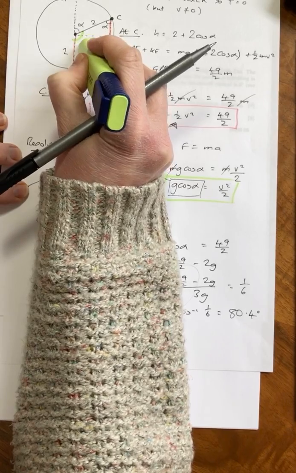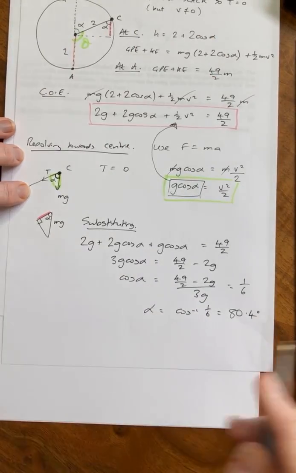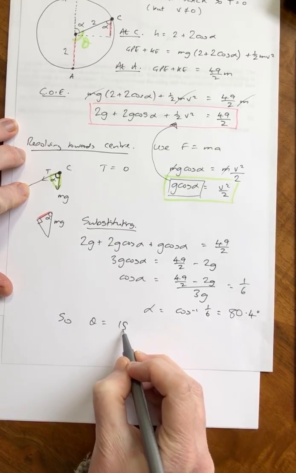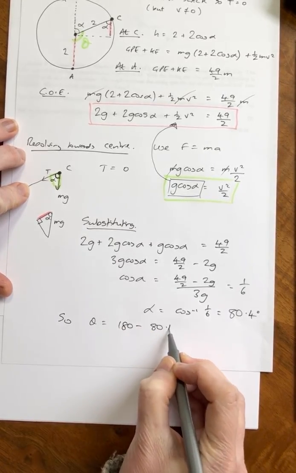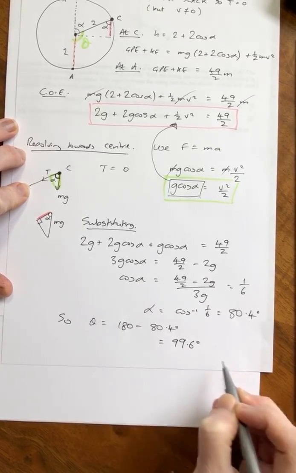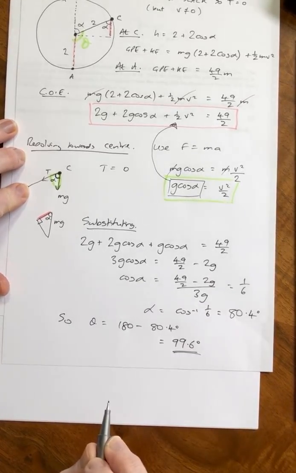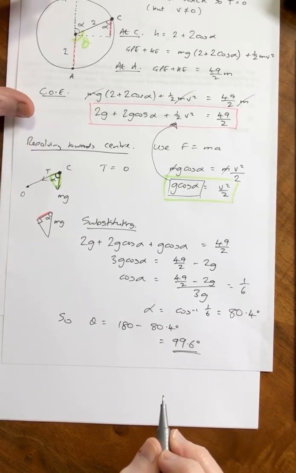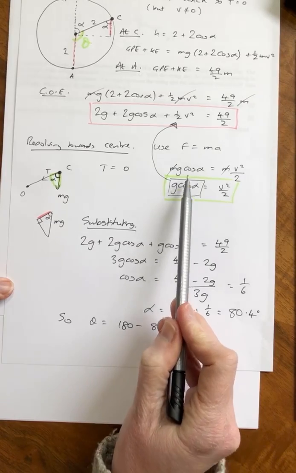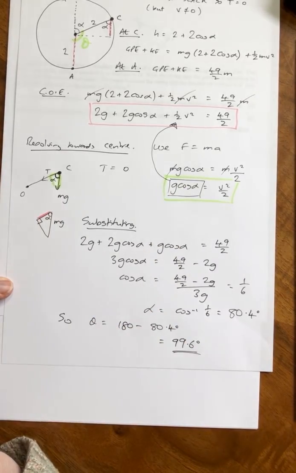We're asked to work out theta. Theta is there. So we just end by saying that theta is equal to 180 minus the 80.4 degrees, 99.6 degrees. Okay, 8 marks. Same method as before. Of course, the awkward thing is having this component here, having to resolve what's going on with that weight force.